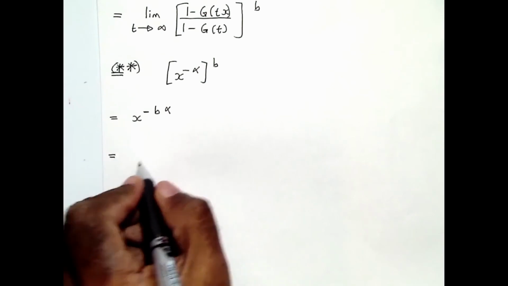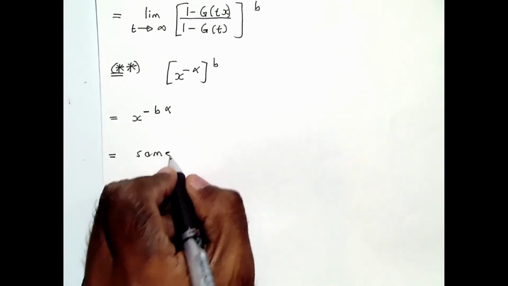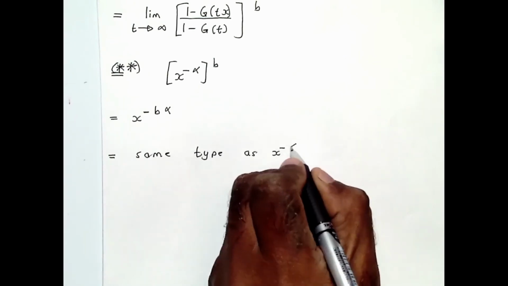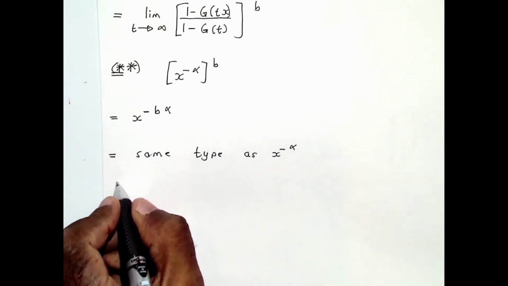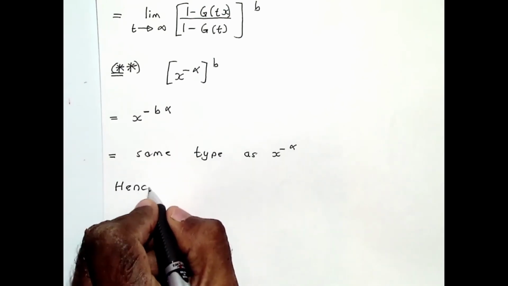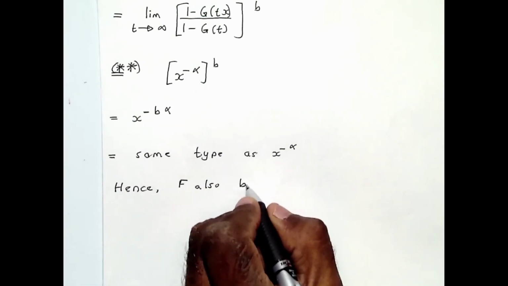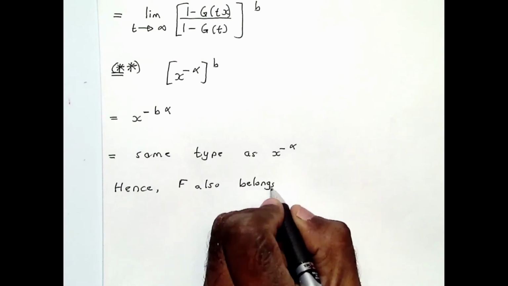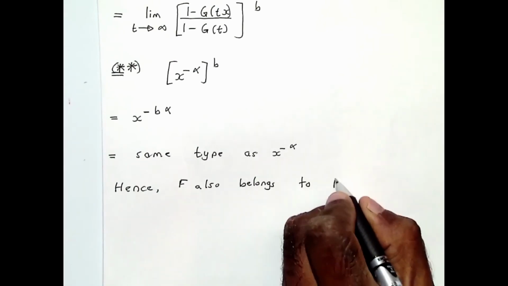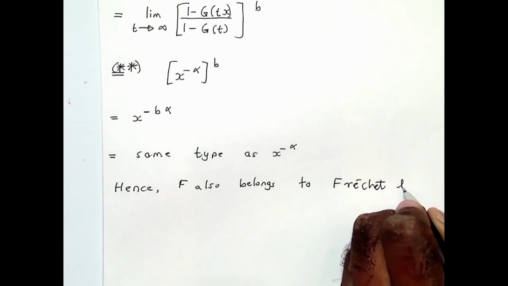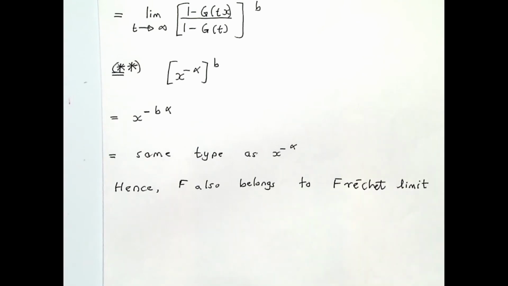Because b is positive, this is of the same type. All right. So hence we have shown that F also belongs to the Fréchet type or Fréchet limit.